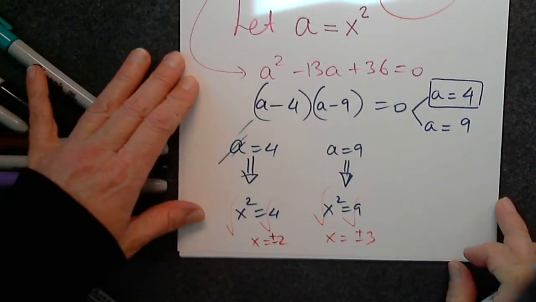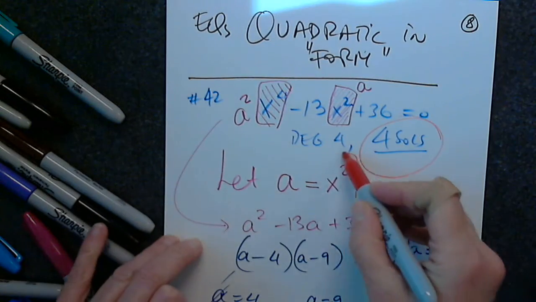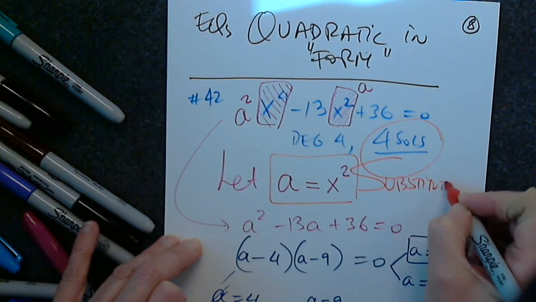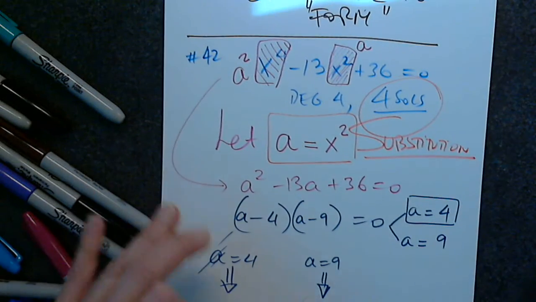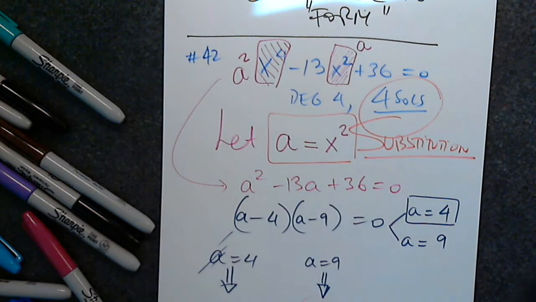So what we really did, for an equation in quadratic form, was use a substitution. We substituted a for x squared, or we replaced x squared by a.